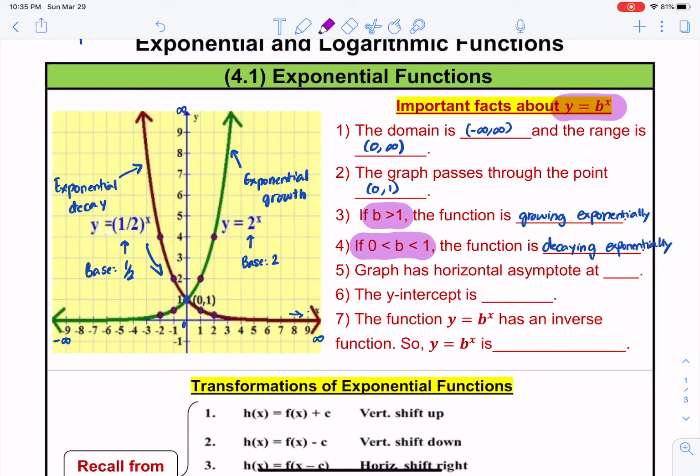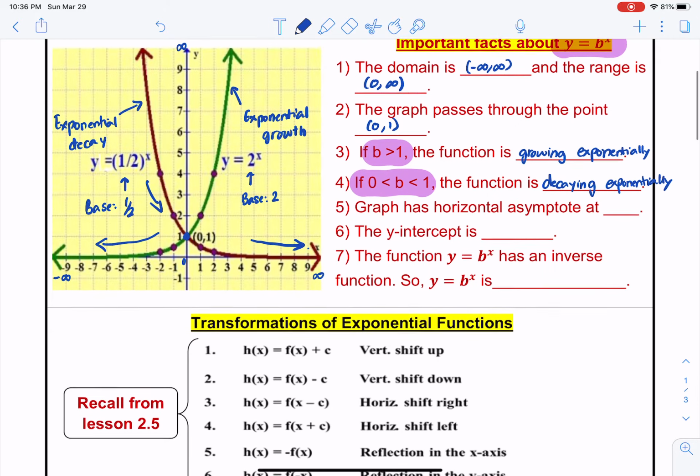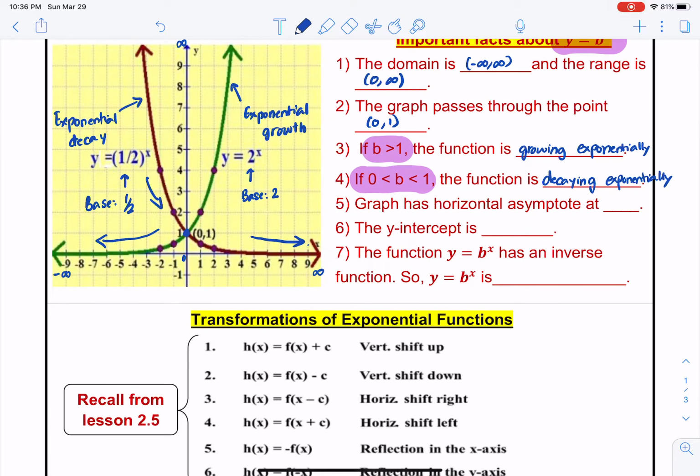The horizontal asymptote is the line along which the function goes towards 0. So here, both the red as well as the green curve get closer and closer to 0 as x approaches infinity or negative infinity. So it is going to go closer towards the x-axis.